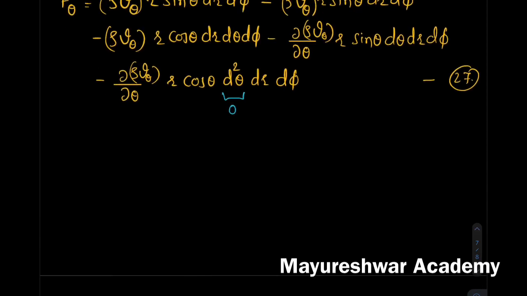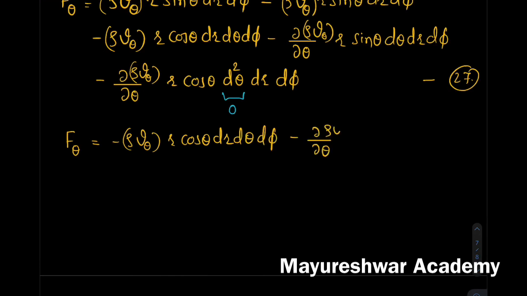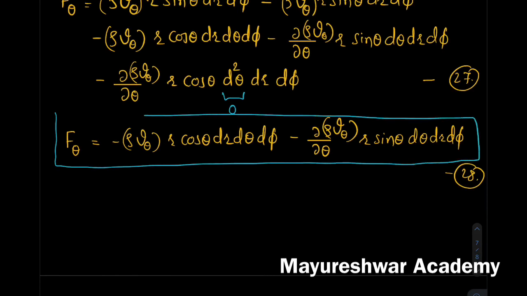So we are left with the two middle terms. F theta is going to be negative rho v theta r cos theta dr d theta d phi minus partial over partial theta of rho v theta times r sine theta d theta dr d phi. Okay, so that completes the formulation of flux along the theta direction.